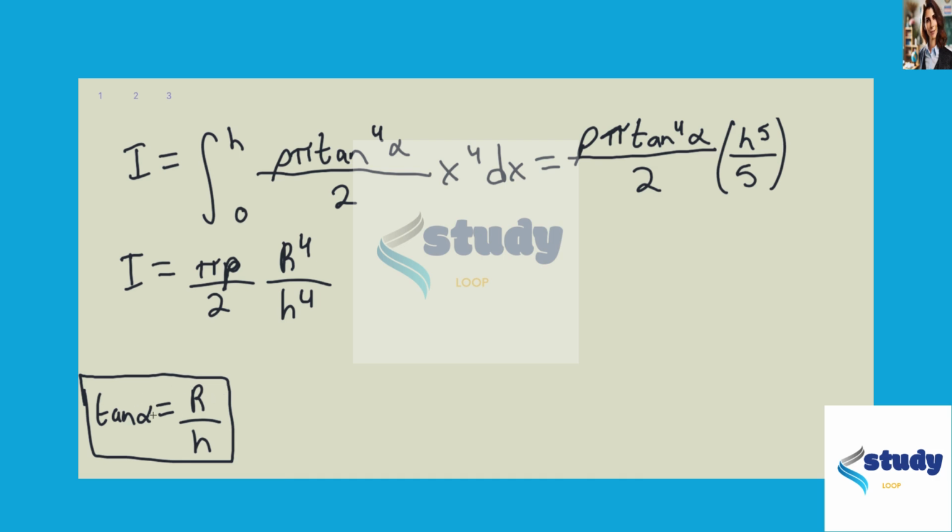So if we know that this is a given from the diagram of the cone, we can substitute this and say that this is going to be r to the fourth over h to the fourth, and then times h to the fifth over 5. And this is going to be equal to pi rho r to the fourth h all over 10.